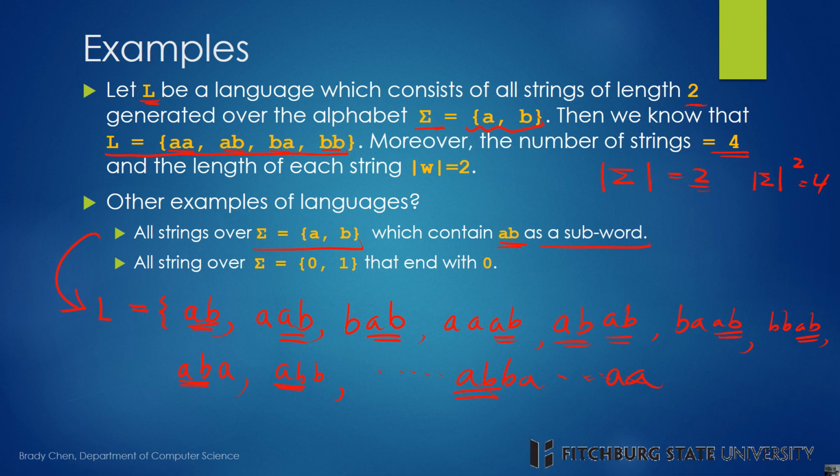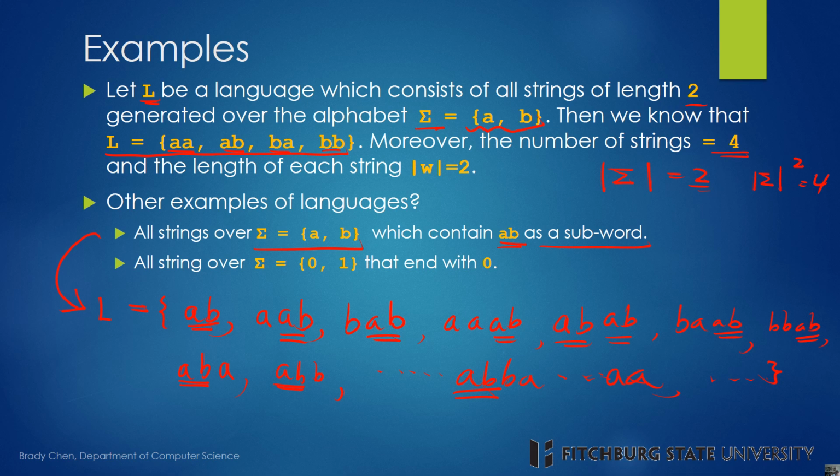So how many elements are contained in the language? It's clear that this language contains an infinite number of strings, right? Because you can always create a string which contains AB. As far as it contains AB, that's part of the language.